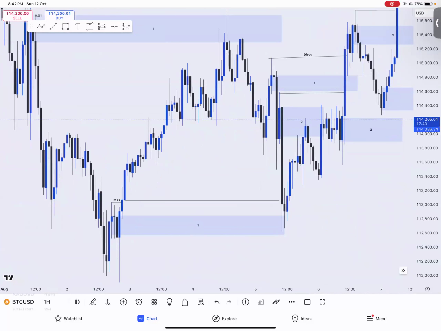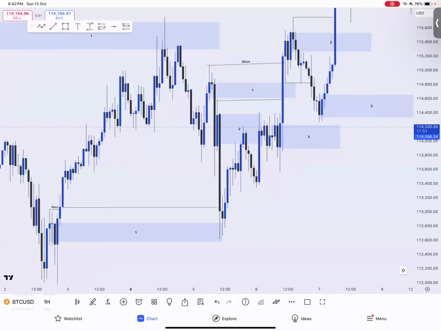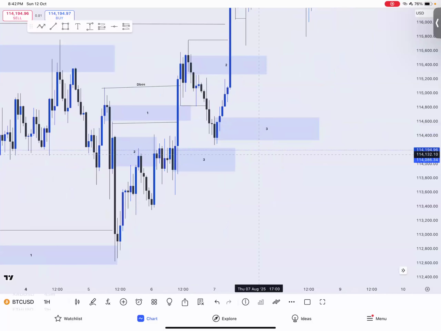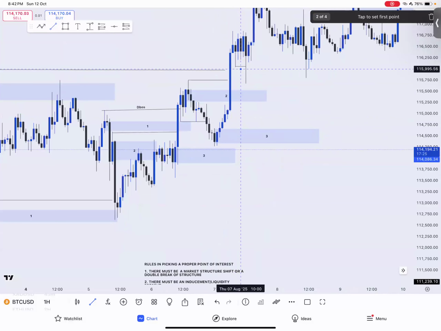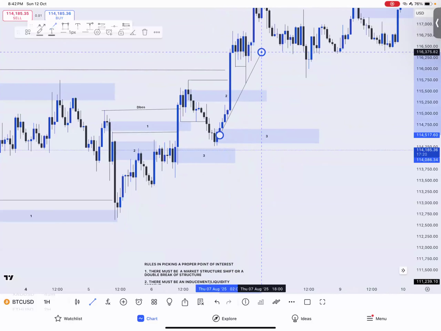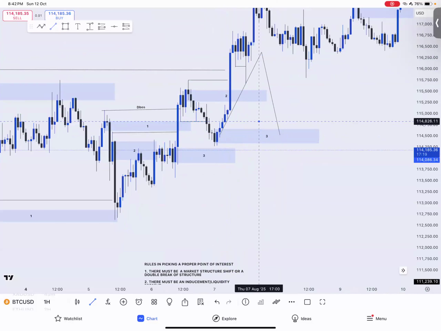You cannot say that a point of interest has been mitigated if it was touched before market gave you a market structure shift. For example, this OB that you're seeing here, simply because this candle touched it does not mean that it's been mitigated. Why? Because it touched it before market gave us our double break of structure. So had it been that market gave us a double break of structure, then came back to touch it, that means it's been mitigated.